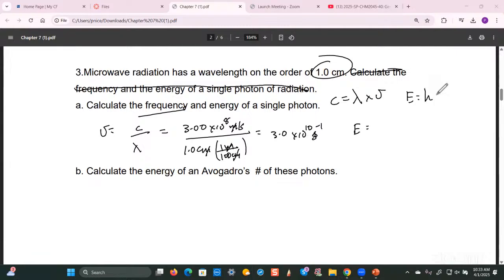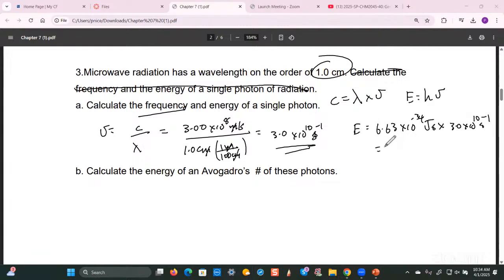H times nu, exactly. So in this case, it's H. What's H? 6.626 times 10 to the minus 34 joules second, multiplied by the frequency that we just calculated here, which is 3.0 times 10 to the 10 seconds to the minus 1. And that would give the energy.